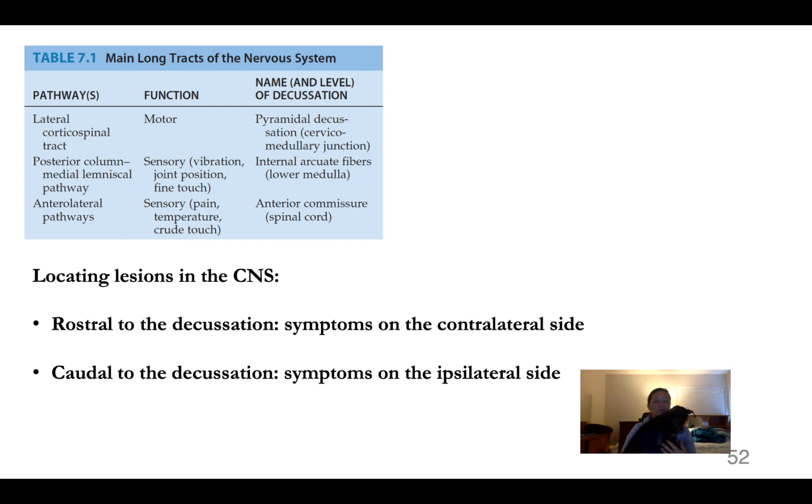So the central thing about locating lesions in the CNS is looking at modality. Is it movement, or two sort of main modalities of sensation, and considering whether the lesion occurred rostral to the decussation for that specific modality or movement, or caudal to the decussation. If you're caudal to the decussation, the symptoms are on the ipsilateral side of the body. And that's really the key to this whole portion of the course.